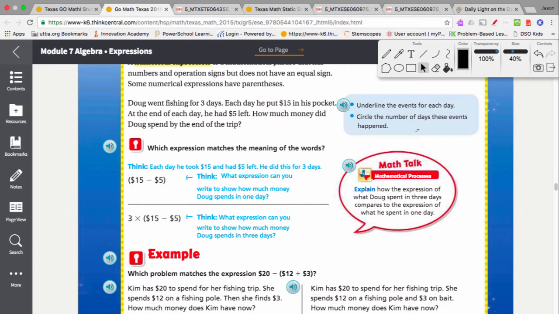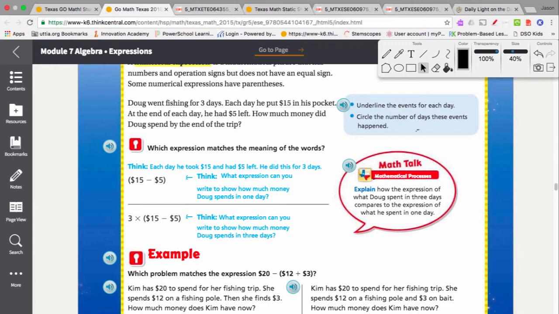And this is where we get to understanding the application-based problems, the word problems that you've been seeing in all of the work we've done so far. Now we need to learn how to write expressions to match them and how to match expressions to the word problem. So let's look at an example.